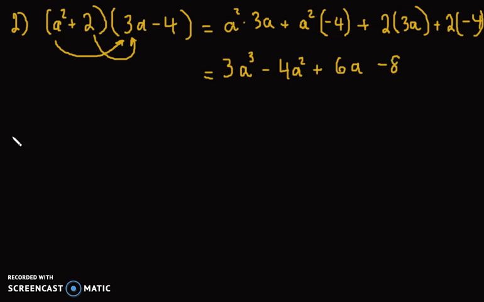Okay. Number 3. Oh, this is a little bit challenging problem. We have a squared plus 2a minus 3 times a squared minus 3a plus 4.